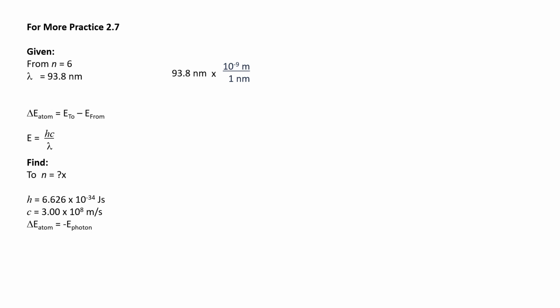The units that we're seeking go on top, so I'm going to put my meters on top and my nanometer on the bottom. And the thing I know about this after I looked at a chart is that 1 nanometer is equal to 10 to the -9th meters. And when I do that math, I get a value that looks like this. So I'm going to drop that value in here, and with that, I now have everything that I'm going to plug into my equations as I move forward.